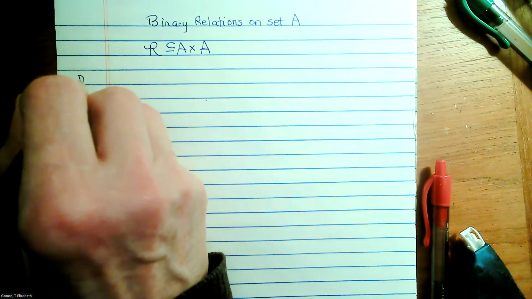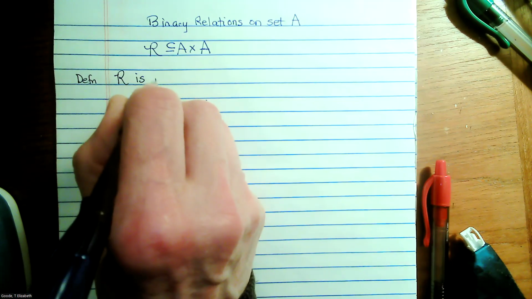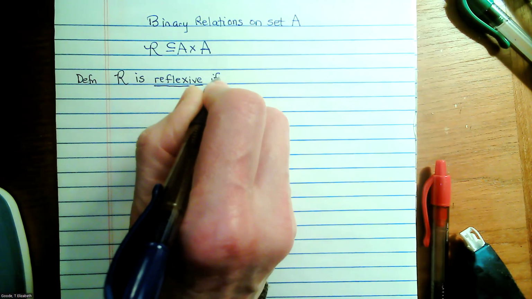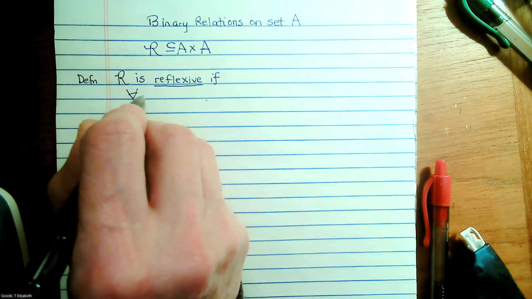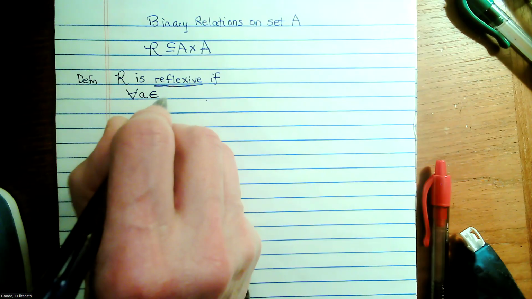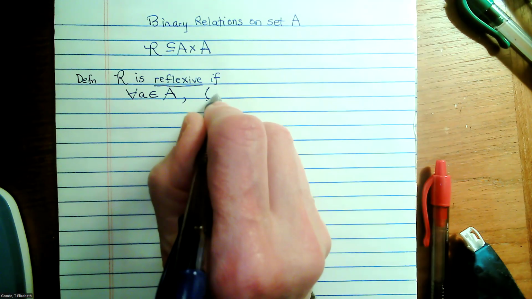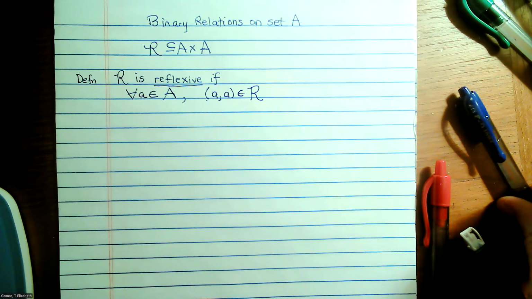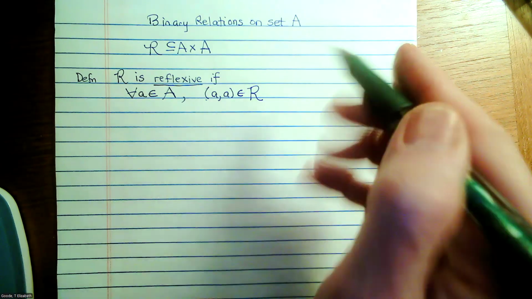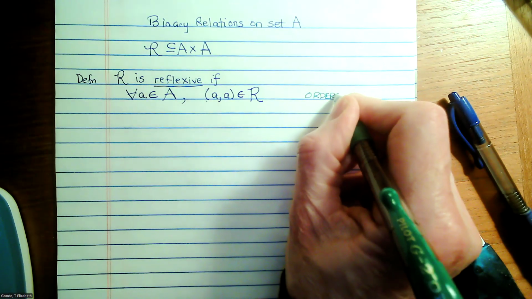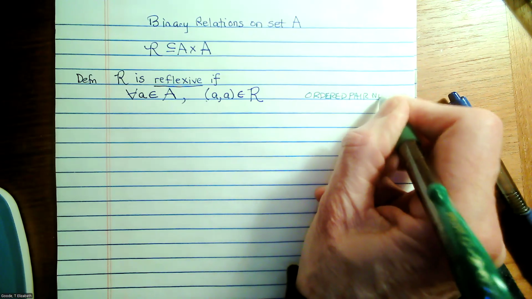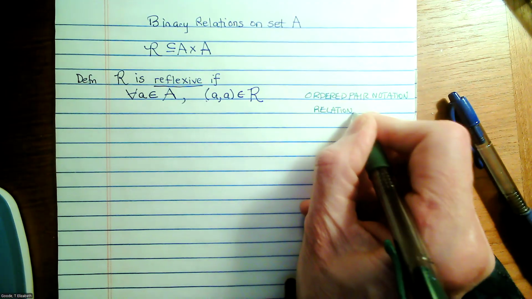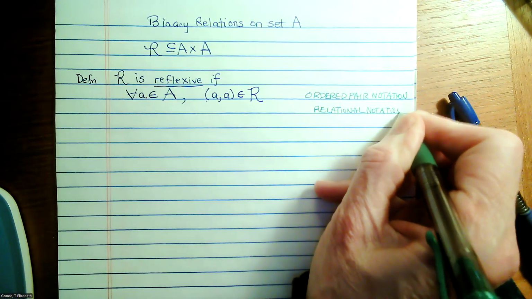So here are our definitions. Curly R is reflexive if for all elements little a in set big A, we need to see little a, comma, little a in curly R. If we want to write it using ordered pair notation, where we just talk about the ordered pairs, it would be little a, little a in curly R. It's different in the other notation, relational notation.